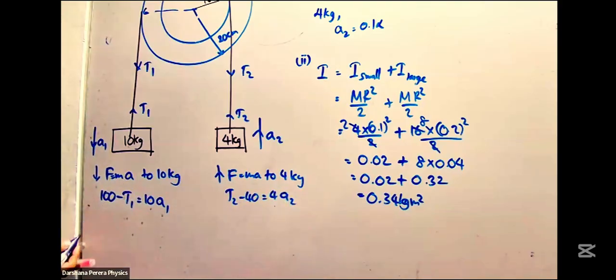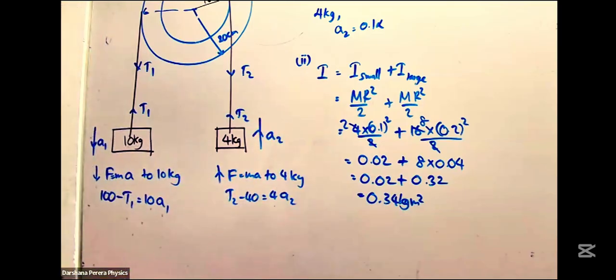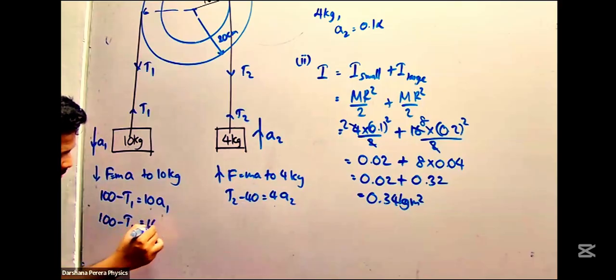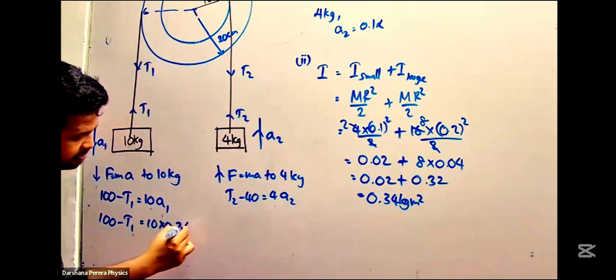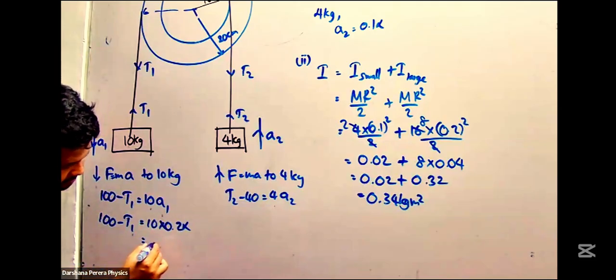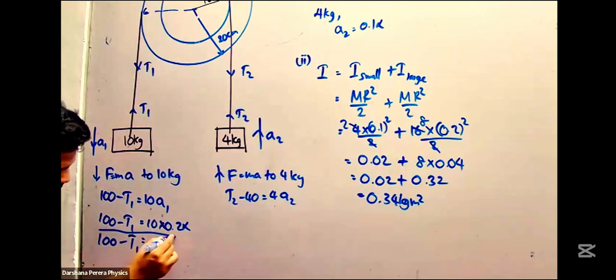Okay. We can apply a equals r alpha. Therefore, 100 minus T1 equals 10 into A1, which means 0.2 alpha. Previously we discussed that. That means 2 alpha, 100 minus T1, is equation number 1.